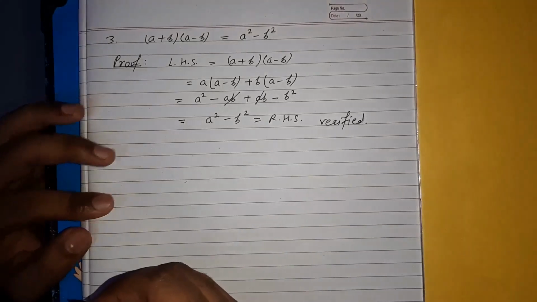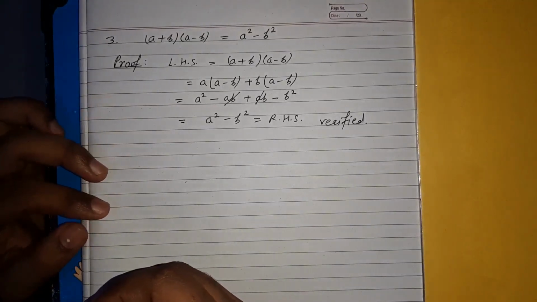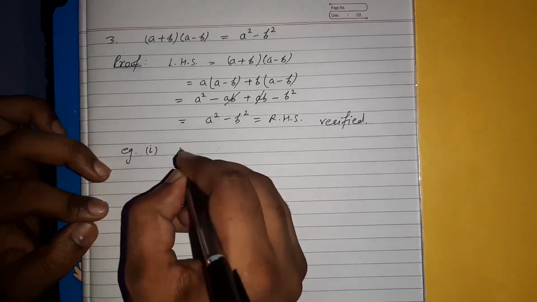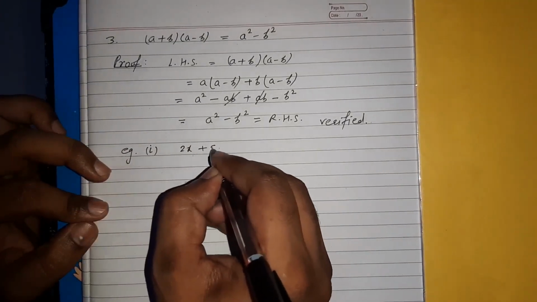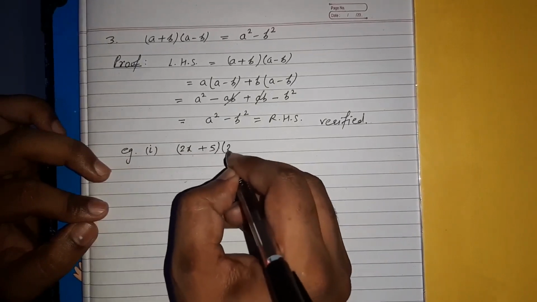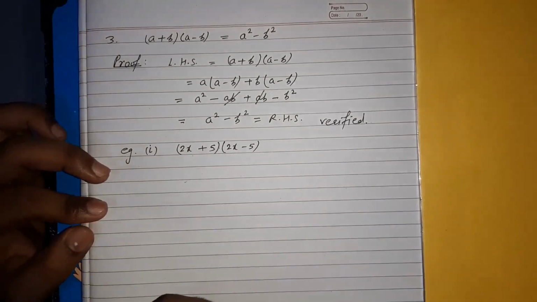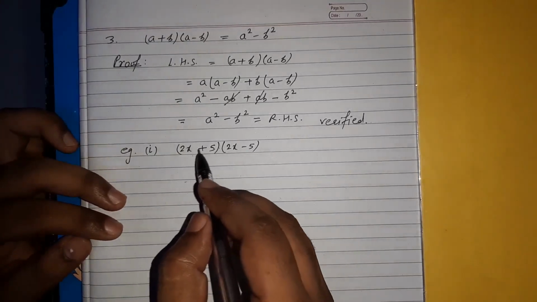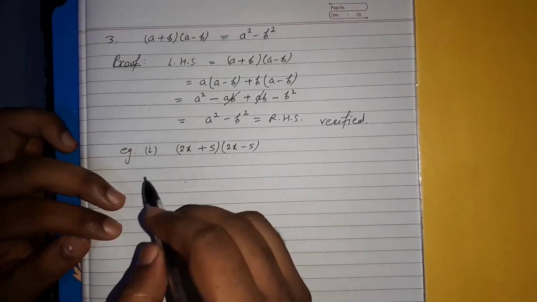Okay, now we will take some examples to explain this identity. Example number 1 is (2x plus 5) multiplied by (2x minus 5). Now you can see the terms inside both the brackets are same.